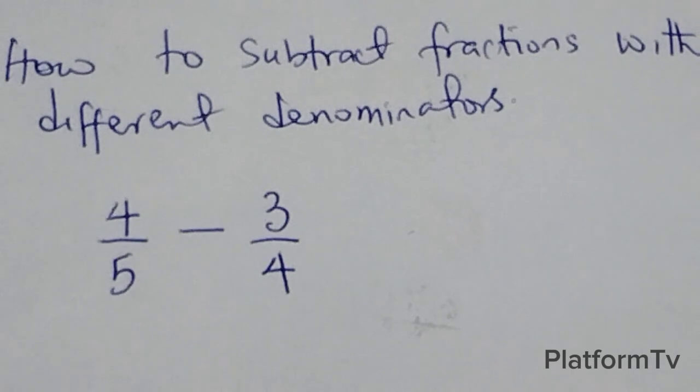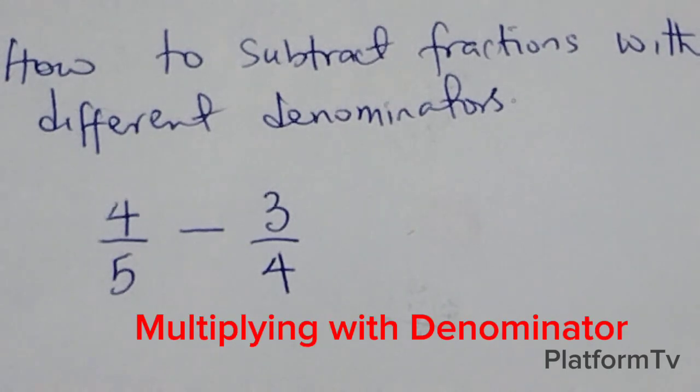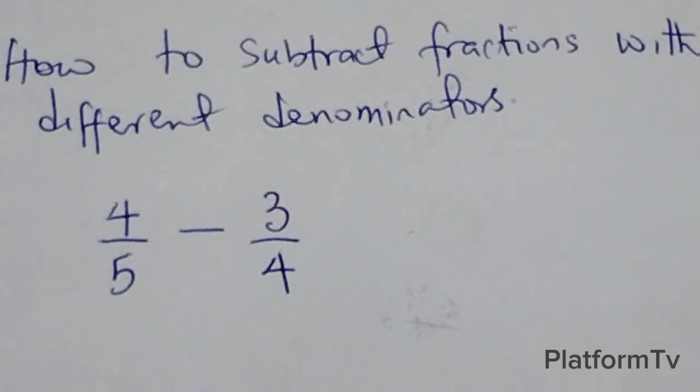Now let's get started. Like in the previous video, we talked about two methods, the LCM method and the multiplying with the denominators method. Same thing applies here. I'm going to multiply with the denominators to get a common denominator so that I can subtract.